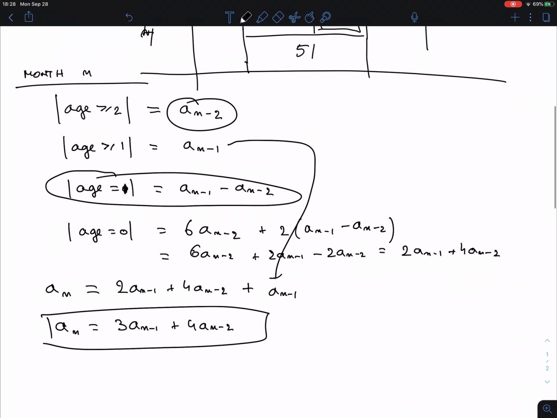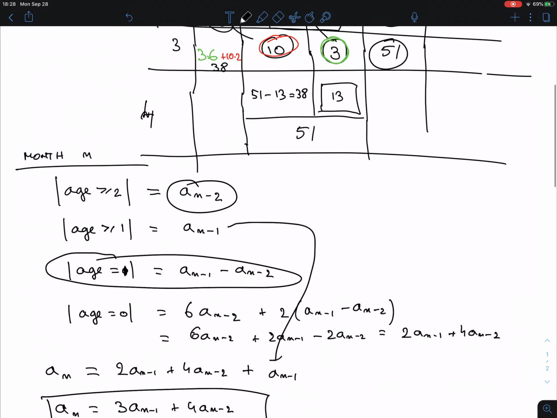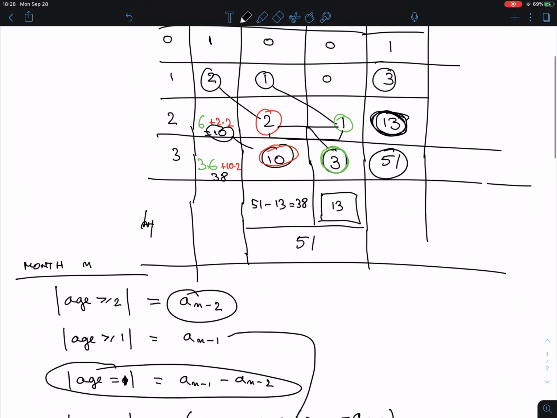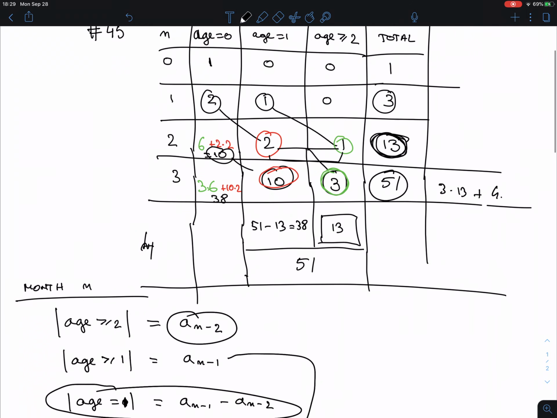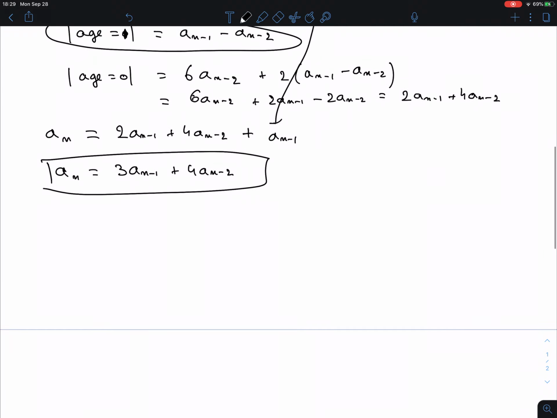According to this, 51 should be 3 times the previous number, so 3 times 13, plus 4 times the one even before that. So this is the 13, and this would be 4 times 3. Is that correct? Is that 39 plus 12? It's correct. So at least that seems a good thing, that at least one number fits. Perhaps you want to try a little bit more, but this sounds promising.